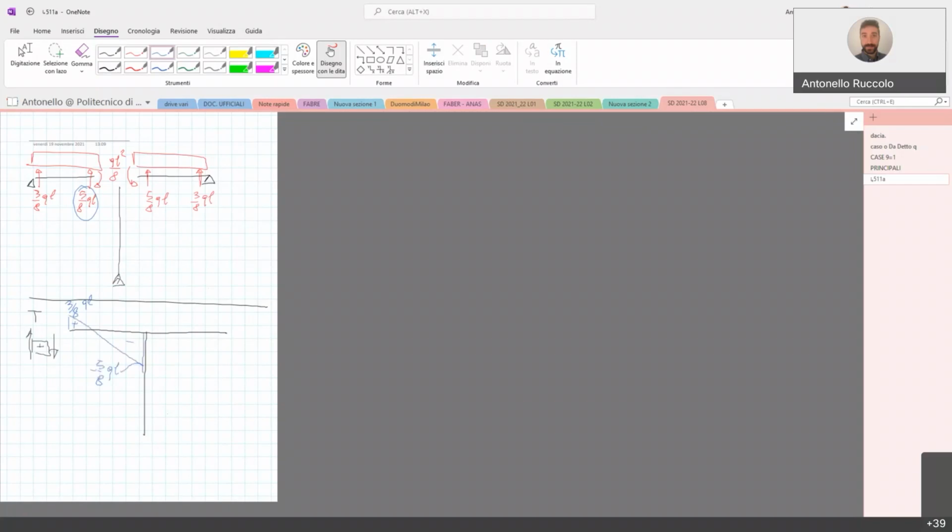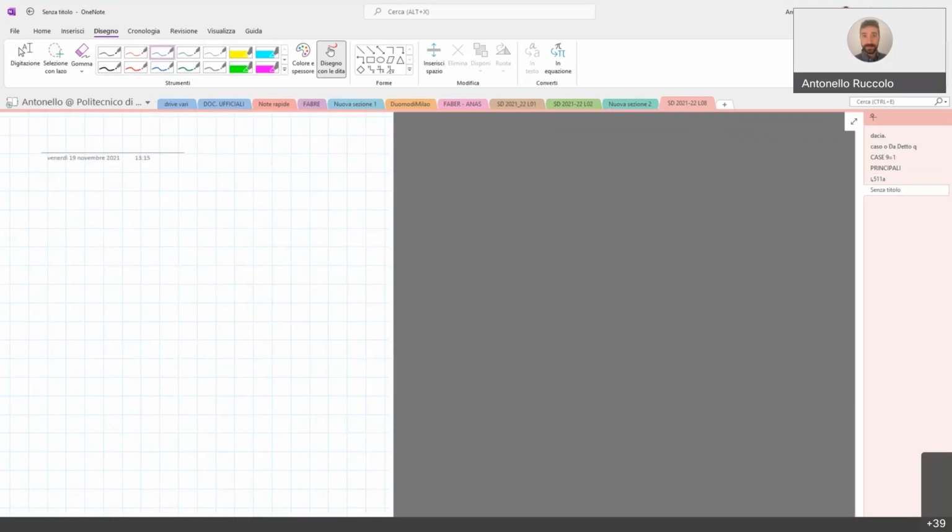On this other part, the beam, we have 5/8 QL positive. And here we have 3/8 QL negative. Obviously, on this beam, we have no shear force.